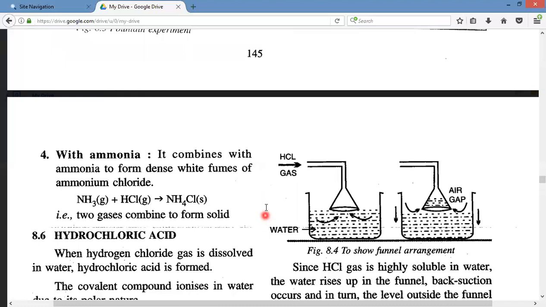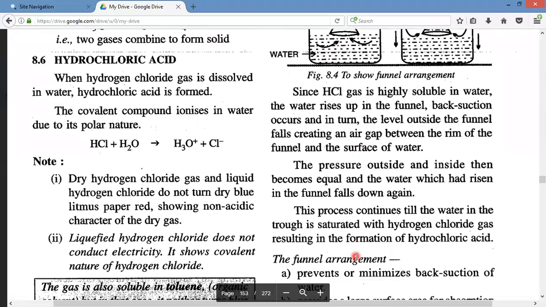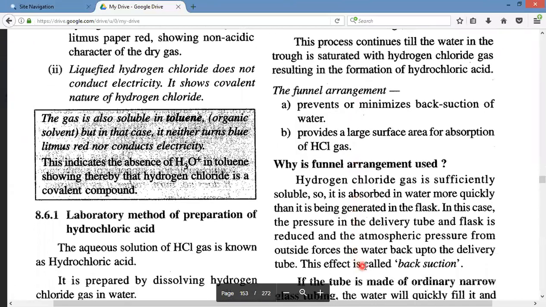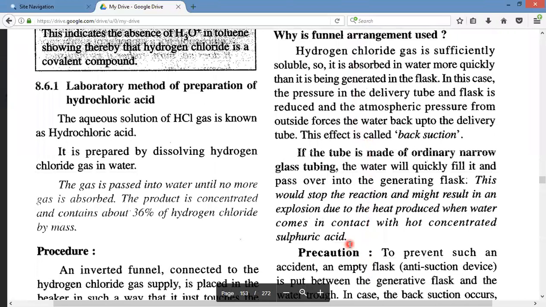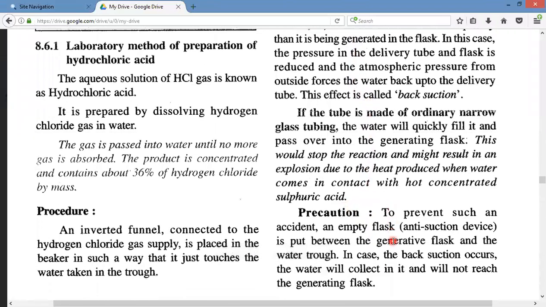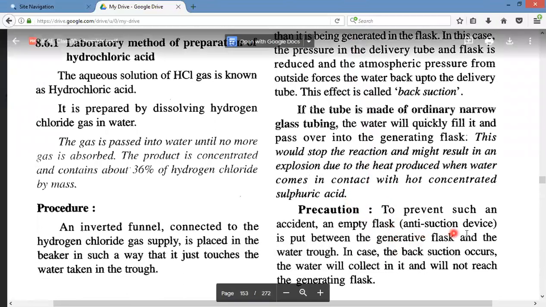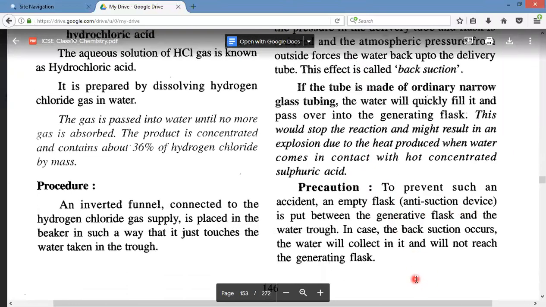And if it is entering the empty flask, it will not go to the generating flask. It means we can save the generating flask and the apparatus, and the process can go smoothly. And when the pressure difference is equalized, then the water will come back. That is called an anti-suction device.